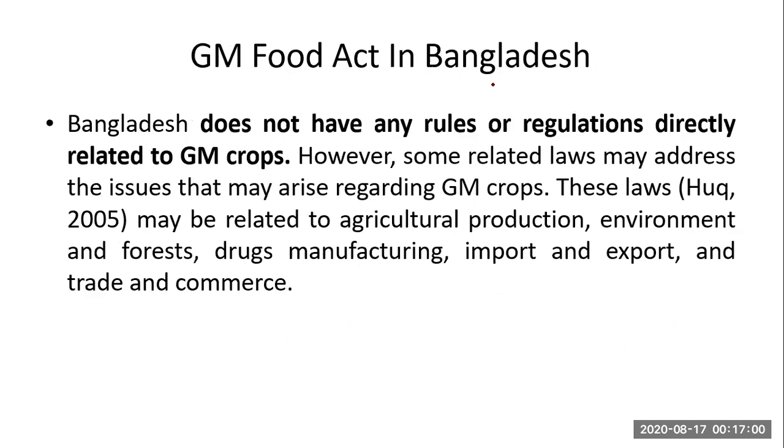Then the GM Food Act in Bangladesh: actually there are no rules or regulations that directly affect GM crops. There are some related laws that relate to different kinds of crops, but you cannot say that these laws are directly applicable to GM crops. These laws are related to agricultural production, environment, forest, drugs, different kinds of manufacturing. These all are accumulated together and used for GM food.